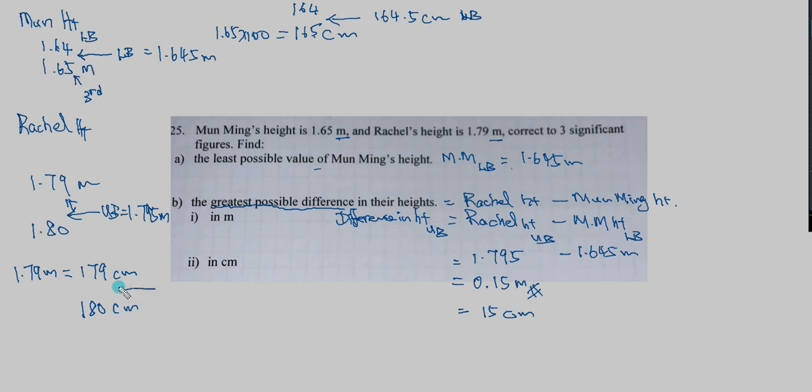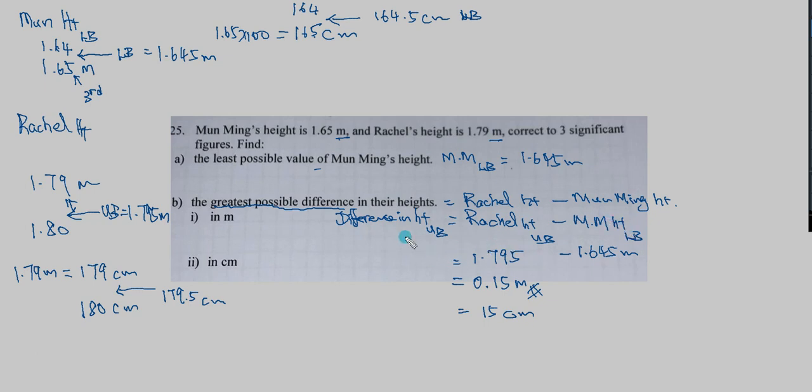So your upper bound would be in between both. You divide by 2, you get 179.5 cm. Using the same equation here, whether it's cm or meter, you use the same one.